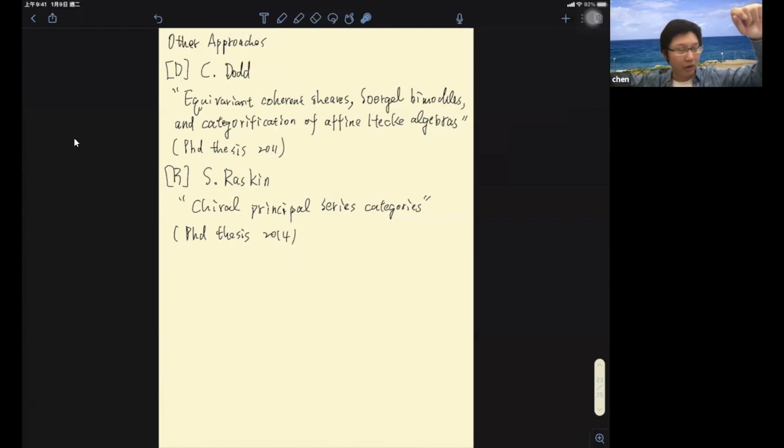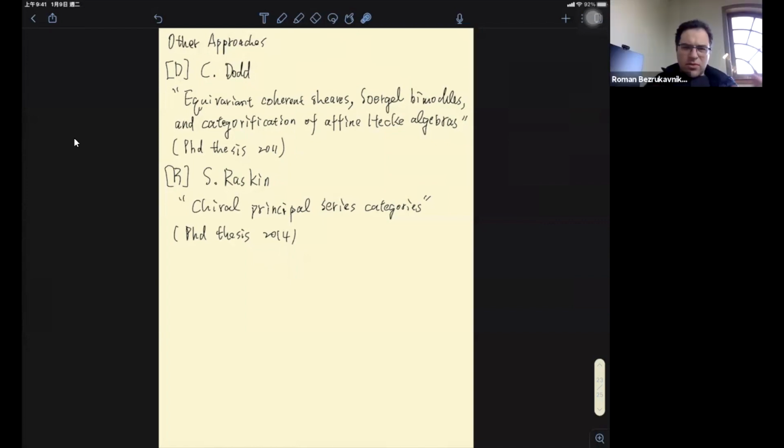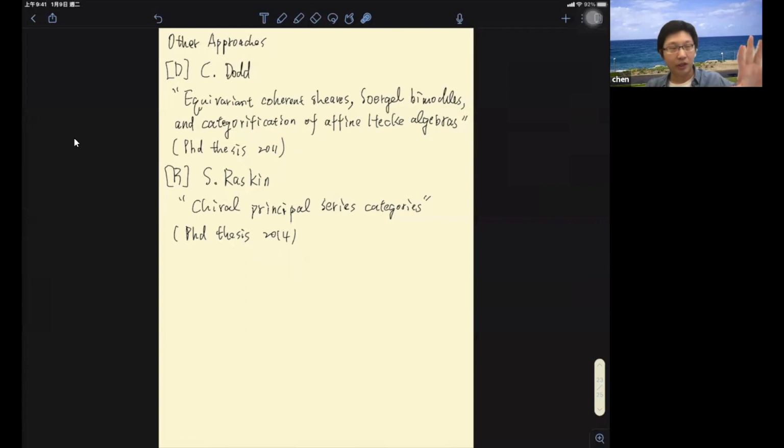For this, he constructs constant Whittaker functors to identify the endomorphisms of the tilting. The Soergel bimodule description of the constructible side is in my paper with Jouet. I think the main point of his paper is the coherent side.